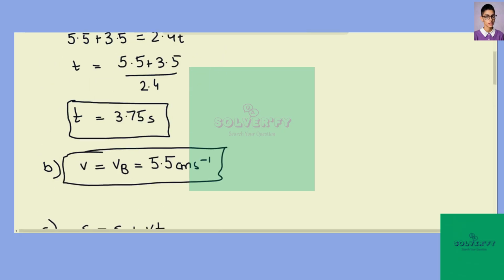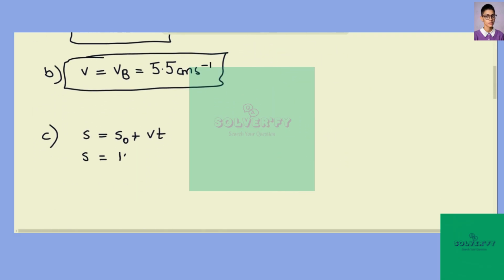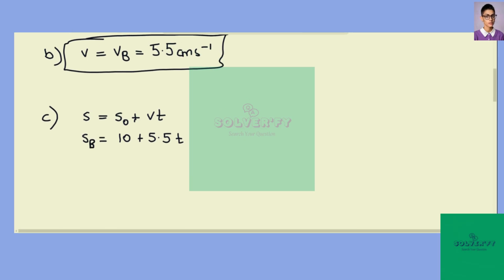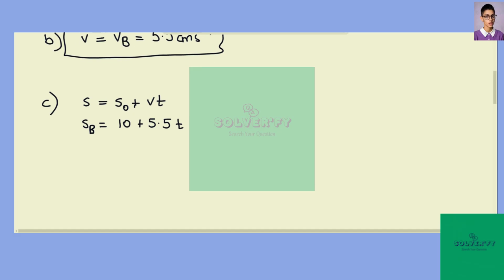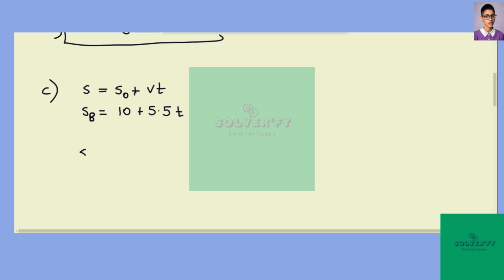We know that the initial position is 10 centimeters, plus the velocity, that is 5.5. So this gives us the position of B, s sub B, as being equal to 10 plus 5.5t.